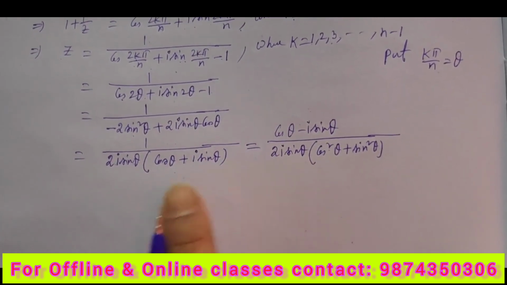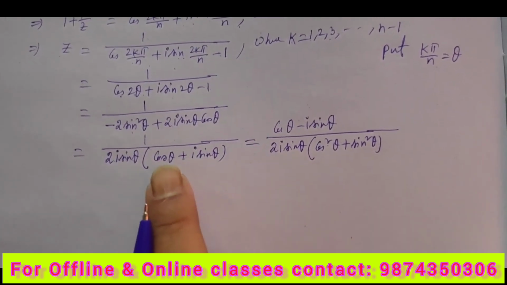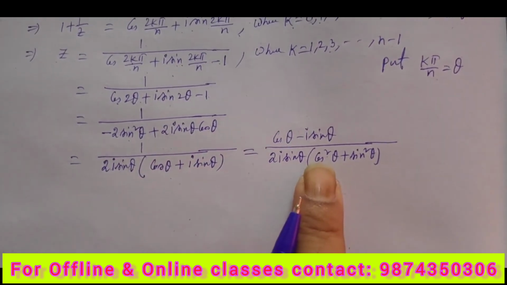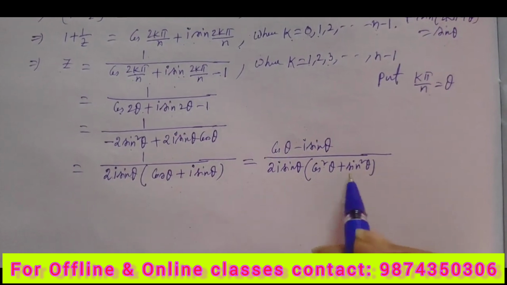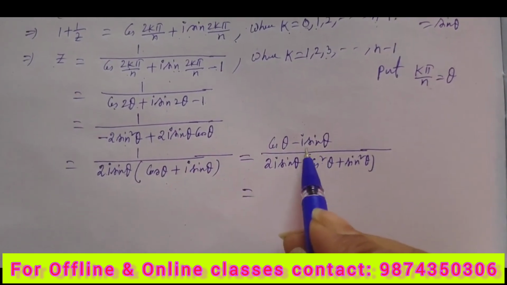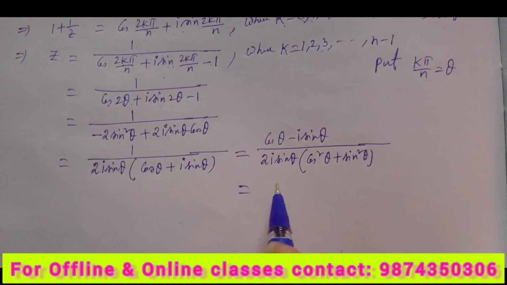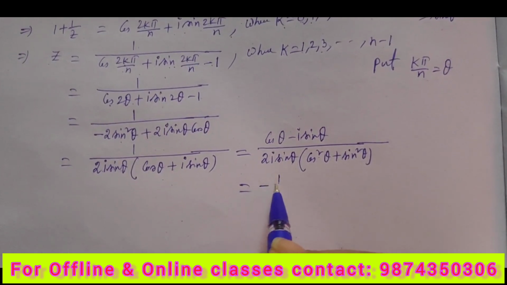So in the denominator, cos theta plus i sin theta into cos theta minus i sin theta is cos square theta plus sin square theta. So this is 1.